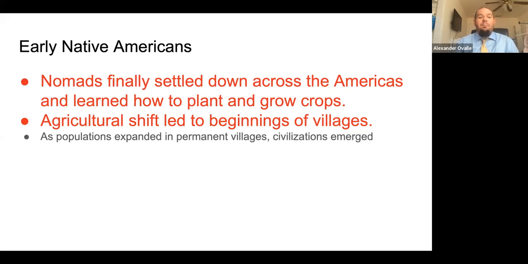So, early Native Americans. These nomads finally settled down across the Americas and learned how to plant and grow crops. This small yet significant agricultural shift led to the beginnings of villages. And as populations expanded into these permanent villages, civilizations emerged.